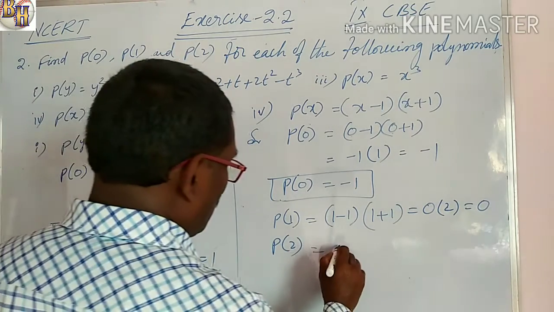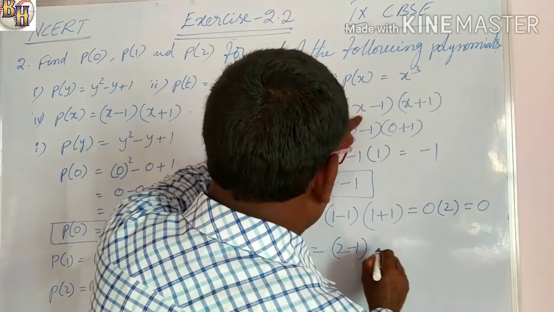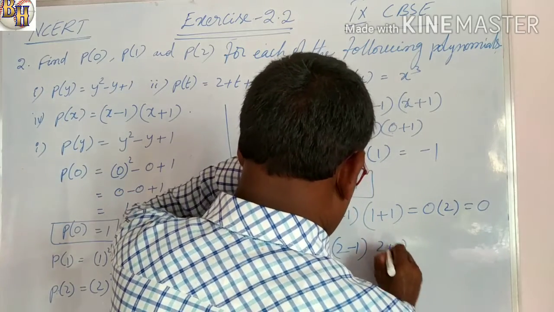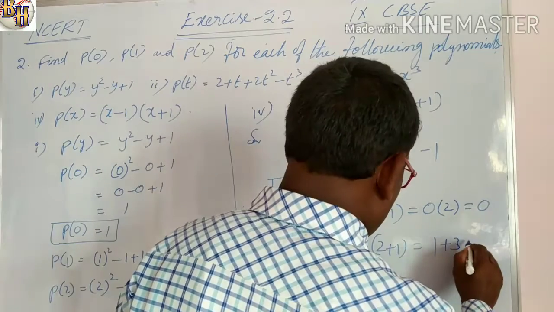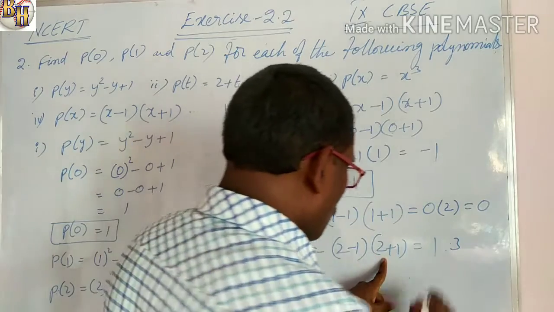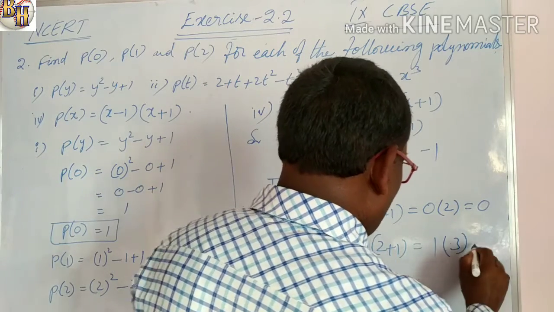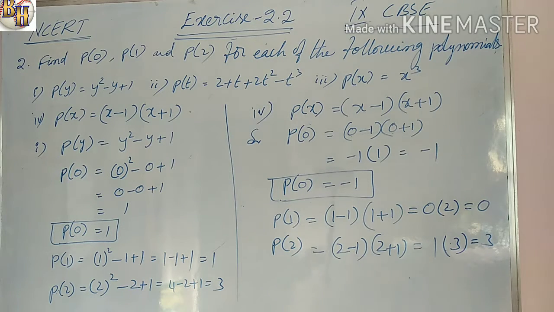Next, what is the expression? Write 2 minus 1 into 2 plus 1. 2 minus 1 how much? 1. 2 plus 1? 3. So 2 minus 1 is 1, into 2 plus 1 is 3. 1 into 3 is 3. That's all. That's it.